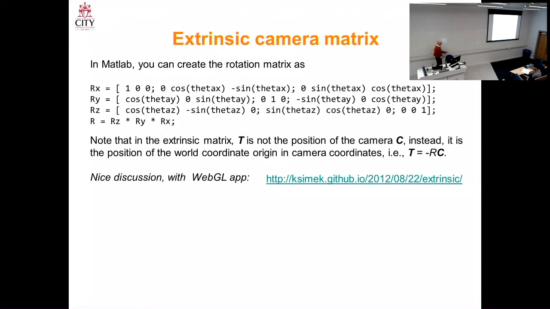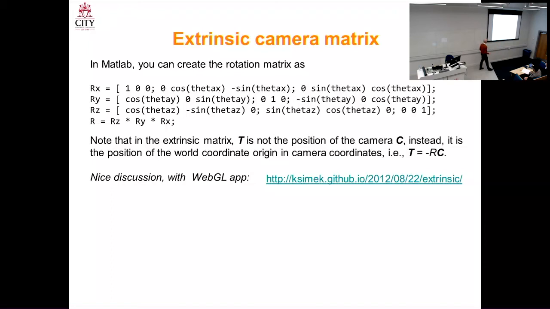Now, something to be aware of in the extrinsic matrix: the translation component is not the position of the camera C. Instead, it's the position of the world coordinate origin in camera coordinates, which basically means you take the camera location and then you multiply it by the rotation matrix, where the rotation matrix is given here.